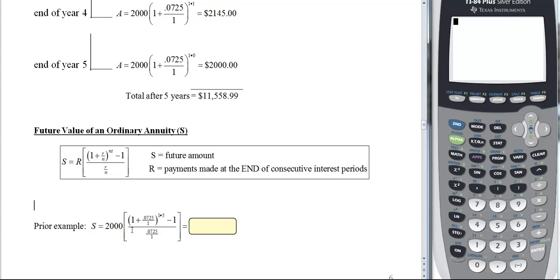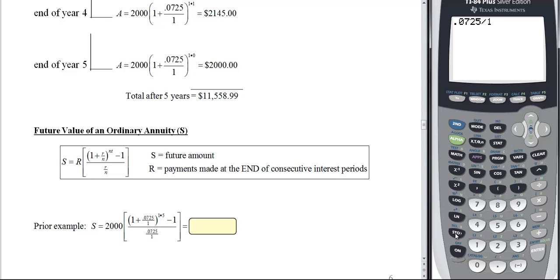Now, because I've got the R and N in 2 locations here, I have to go about it a little bit different way. First thing I want you to do and start practicing is put this 0.0725 divided by 1, R divided by N, and store it in your calculator. So 0.0725, I know you can divide by 1, but I need you to get in the habit.